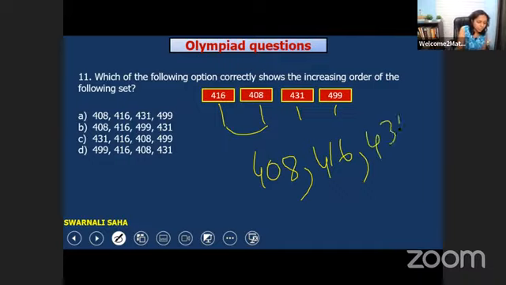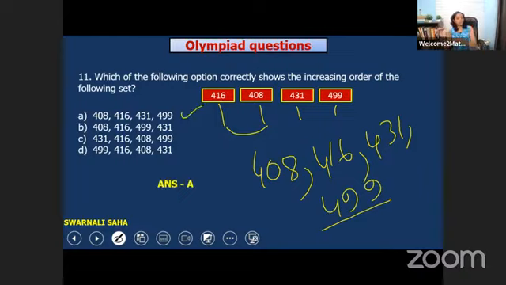And then the largest digit is 9, so it would be 499. So option A is the correct one: 408, 416, 431, 499. Very good. Yes, I'm enjoying a lot.